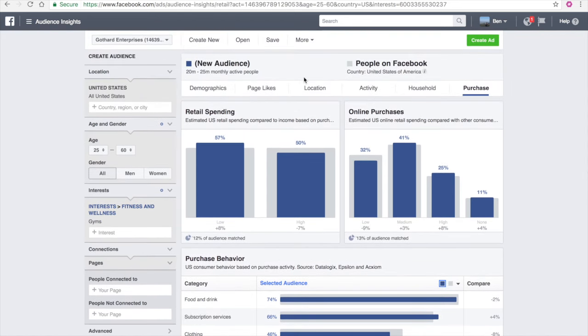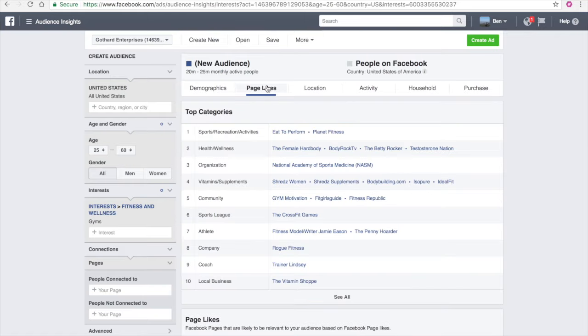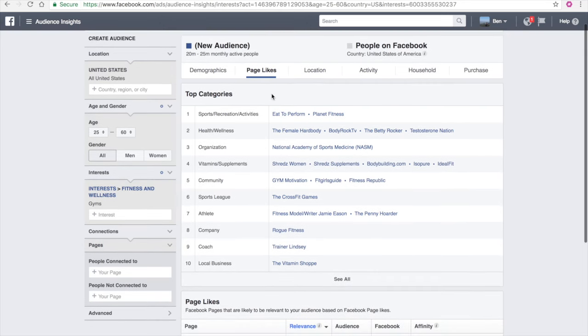Okay, but let's dive into what we're really here for, and that is we want to figure out, when we create ads, we want to see exactly who we're targeting for the ads. So we're going to go to page likes, okay, and this tab is going to show you what pages people that have an interest in gyms are more likely than not to like on Facebook.